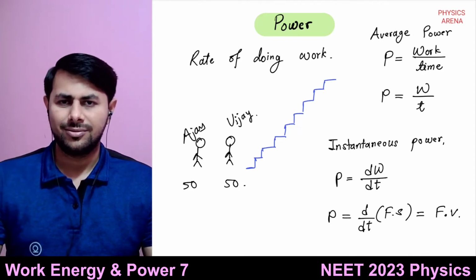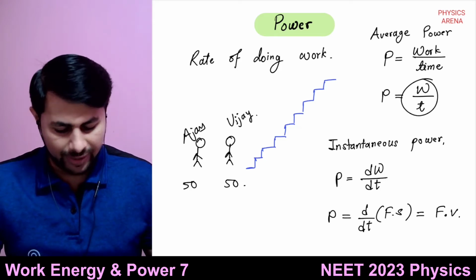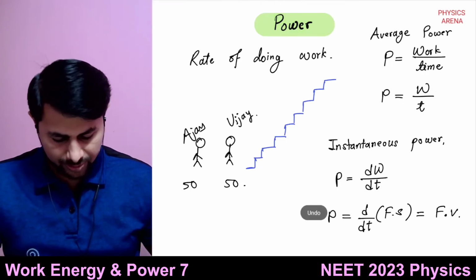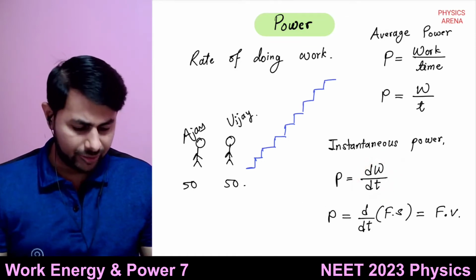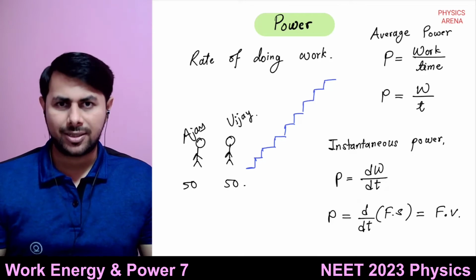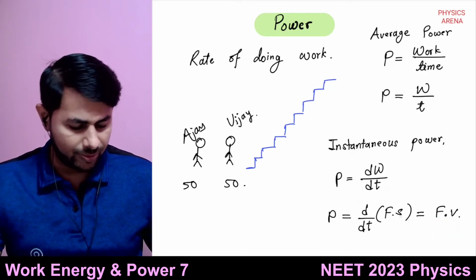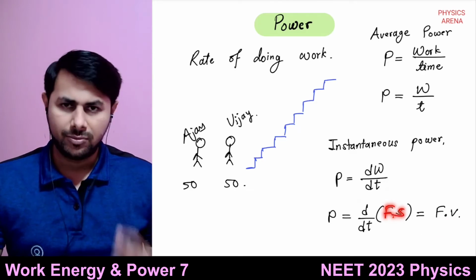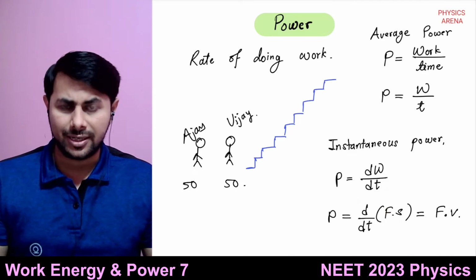Okay. So the average power is just work done divided by time. The instantaneous power is rate of doing work. That means there is a derivative involved. So it is dW by dt, and it is equal to what? If we substitute W equals F times s, force times displacement, and if force is constant, we can take it out.